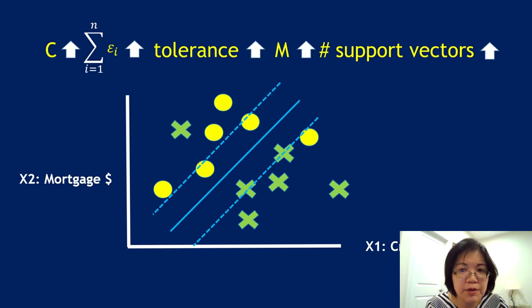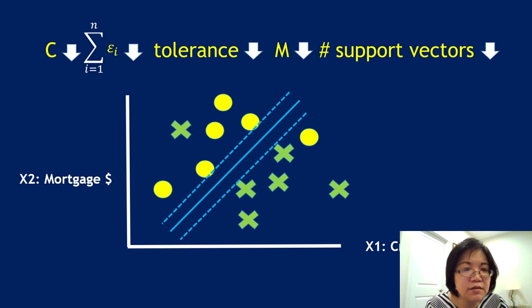So M will go up, and we'll also get more support vectors. When C goes down, the total amount of slack will go down. That means we're less tolerant. We'll get a narrower margin. M will become smaller, which also means that when you have smaller margins, you include fewer support vectors.